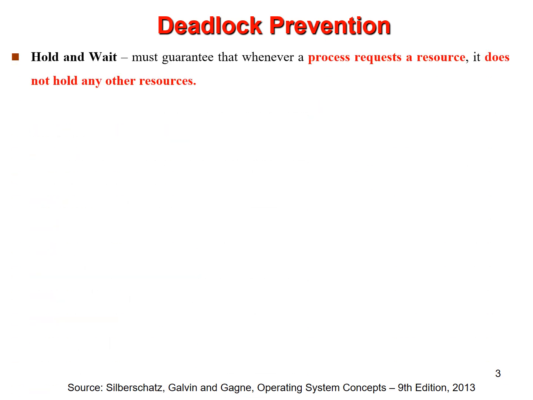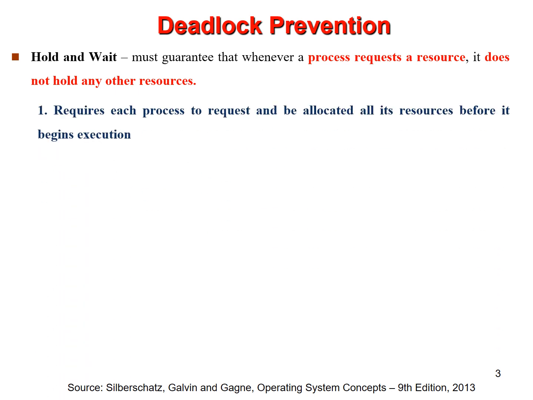For the hold and wait, it must guarantee that whenever a process requests a resource, it does not hold any other resources. Here we are going to learn the two protocols with examples. The first method requires each process to request and be allocated all the resources before it begins execution.